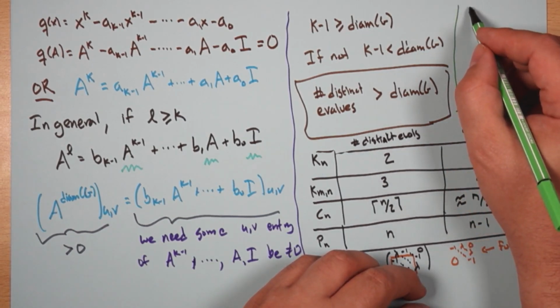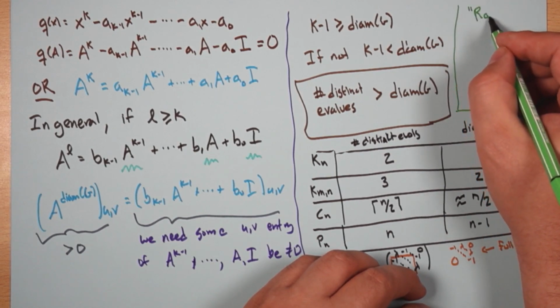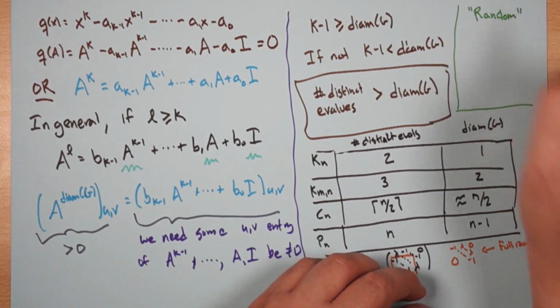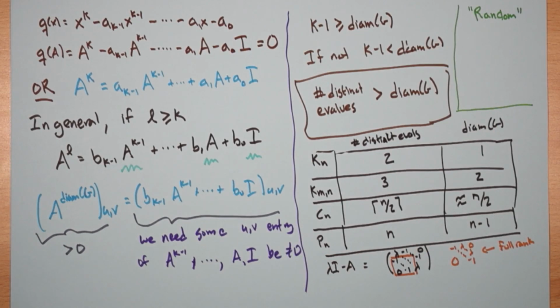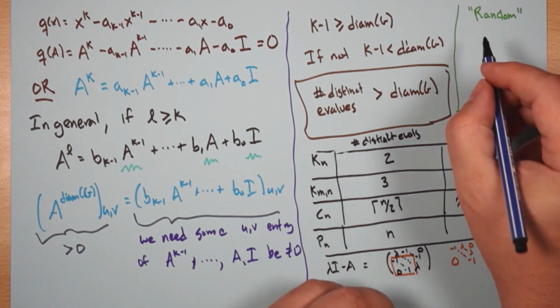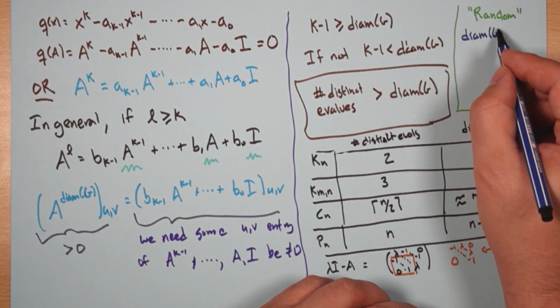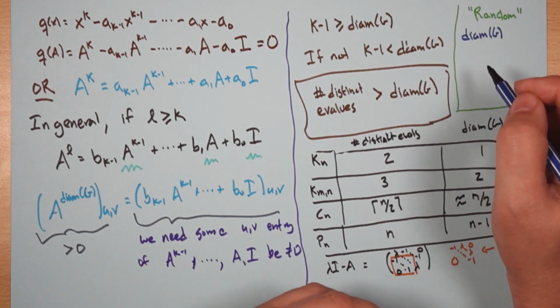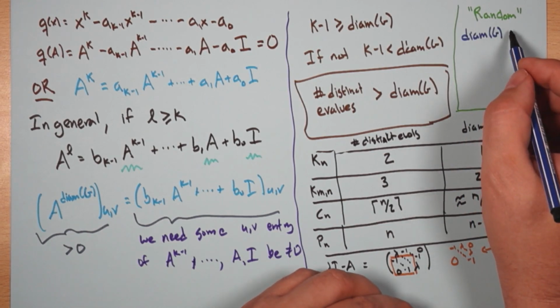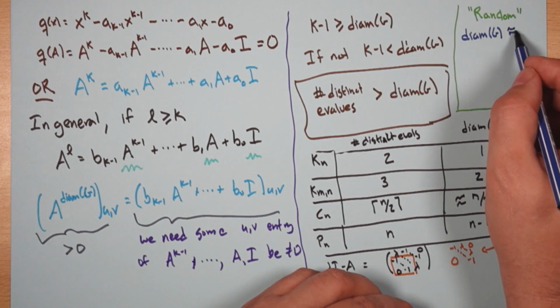And so we'll make a little side note here for a random graph, and we're going to put random in quotes because we haven't really talked about what it means to be random. That's a long discussion, and one that's very subtle, so we're going to have to hold off on that. But if you look at a random graph, the diameter of most random graphs, in other words, how many steps does it take to get from point A to point B, is about 2.